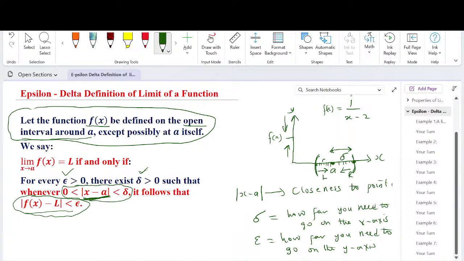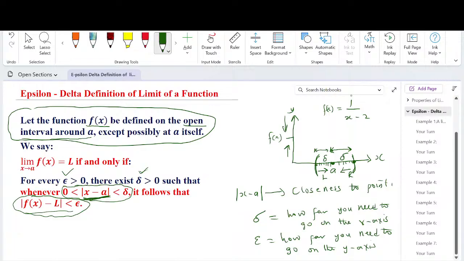Equally, you can do the same thing here. How far you need to go from here to this place is also delta. So I can write the value of delta here: this is delta, this is delta.